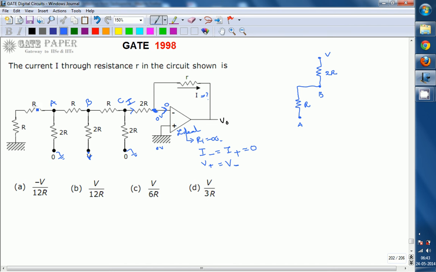R plus R is 2R, both in series. So I can draw it like this: there is a resistance of 2R towards ground, and one more resistance whose equivalent is again 2R.